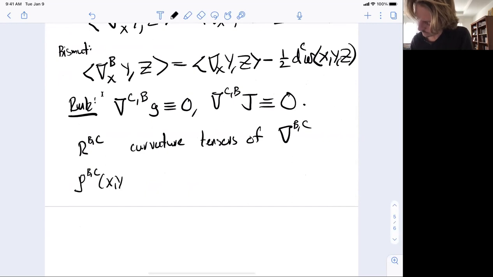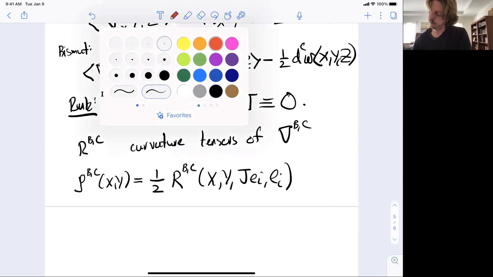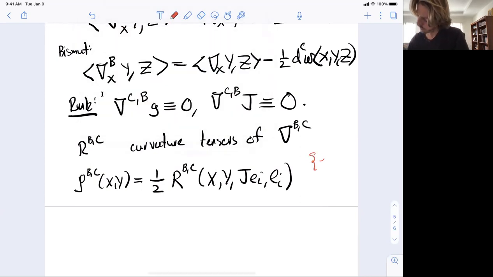These are defined exactly as I defined the Ricci form in Kähler geometry above, just using the curvatures of these connections: ρ(X, Y) = Σ R(X, Y, Je_i, e_i), where e_i is just some orthonormal basis.